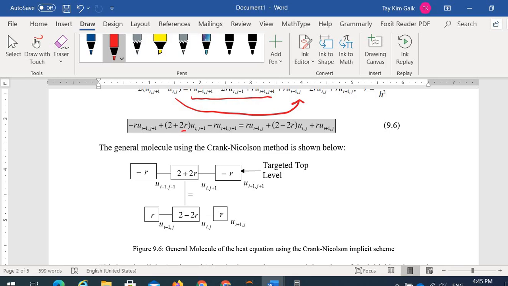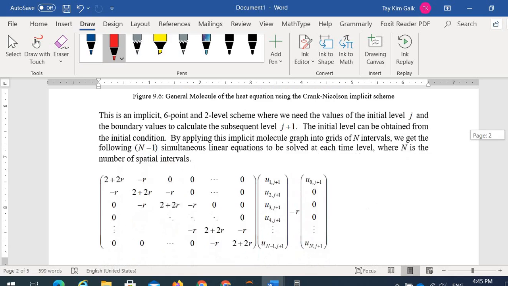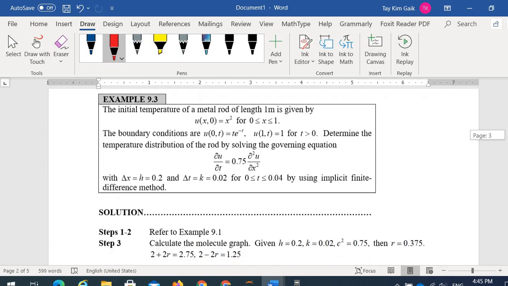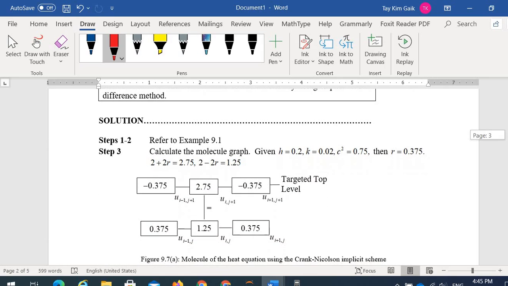The top level is negative r, center top 2 plus 2r, right top minus r. The bottom is positive r, 2 minus 2r, positive r. So we now calculate the r value, where r is kc squared over h squared, which is the same as in our explicit method for the heat equation.